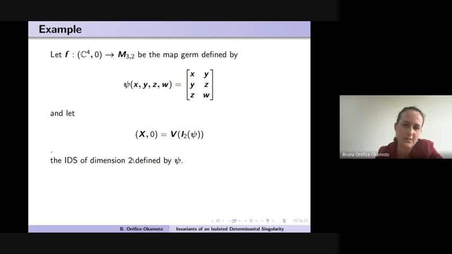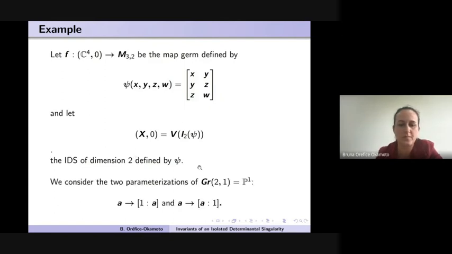This is an IDS, and it has dimension 2. In this case, we will consider the Grassmannian G(2,1), which is just P^1. And I will consider two parameterizations: first, (1:a), and the other one, (a:1). I have to work in both of them. So I'll do the first one first.